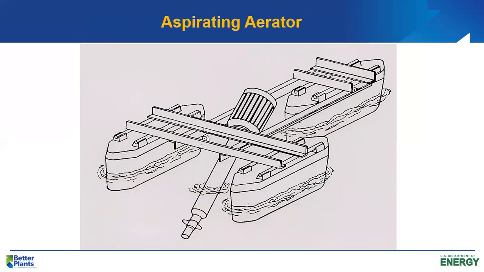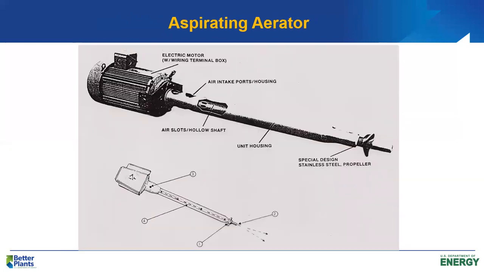Aspirating aerators, they're located on pontoons and float in the mixed liquor, and they will again aspirate air. And look at a little different picture here. What we have is an air intake port right here. It's where the air is pulled in.